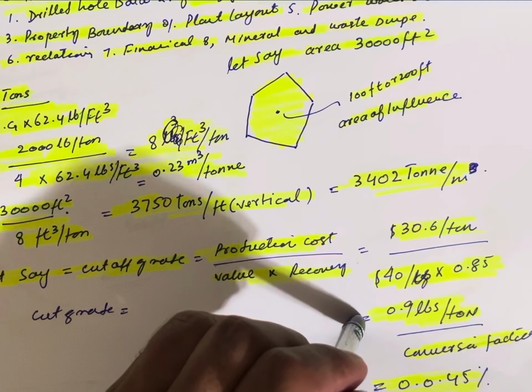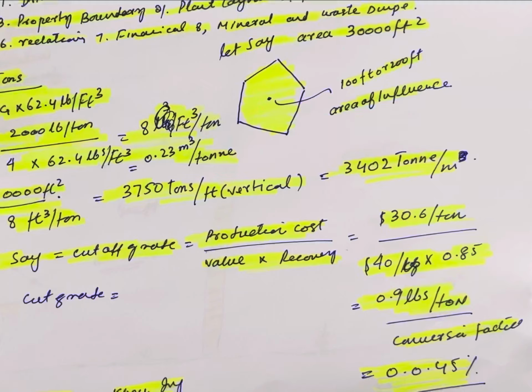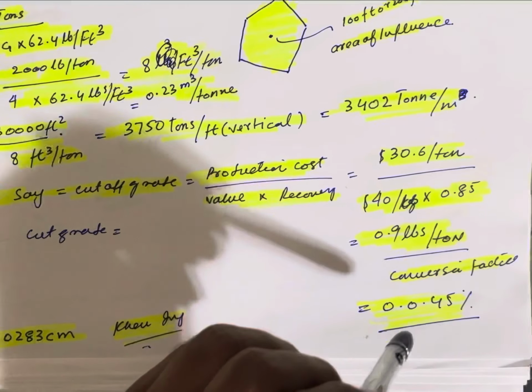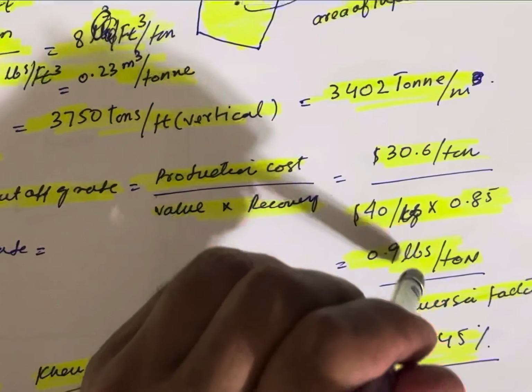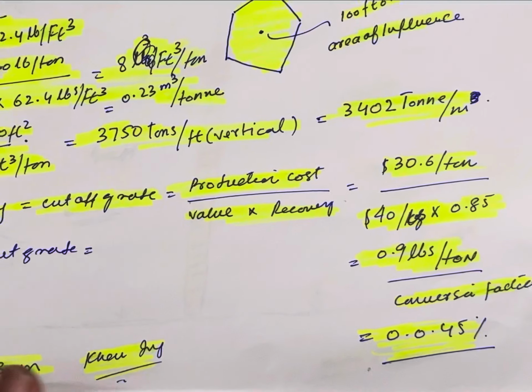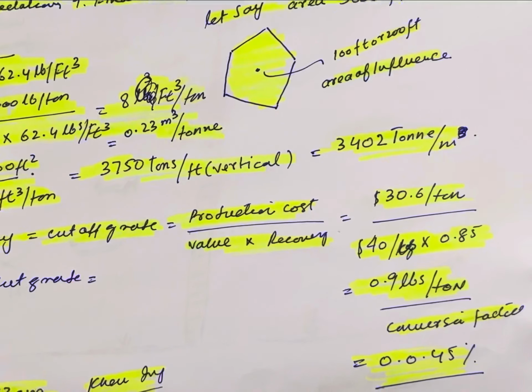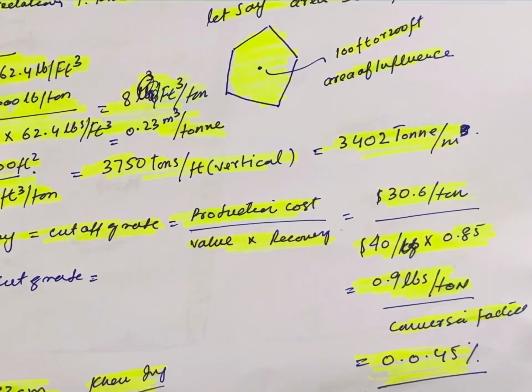So what we got? We got 0.9 pounds per ton. So this is the cut-off grade, and then the conversion factor. This is called cut-off grade. The whole mining is based on this, and this is the ore reserve estimation.